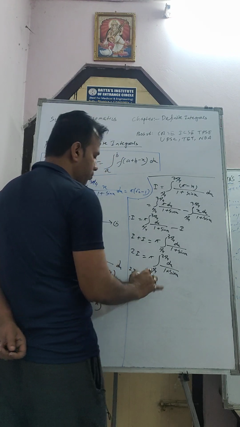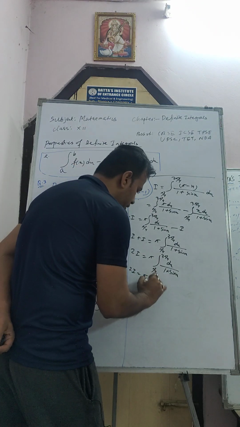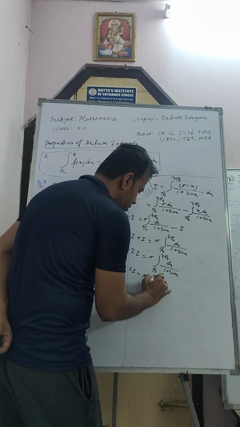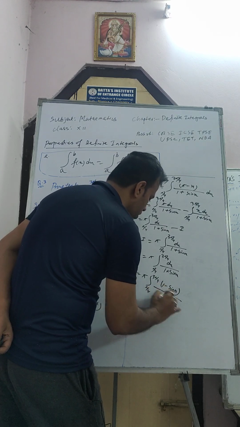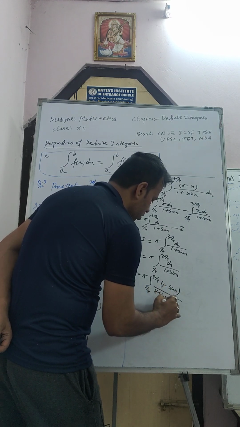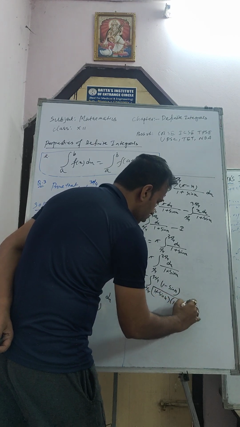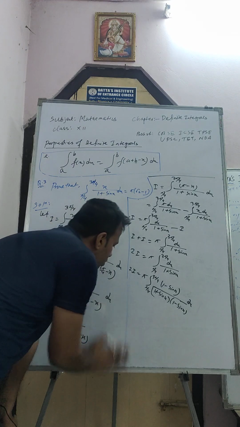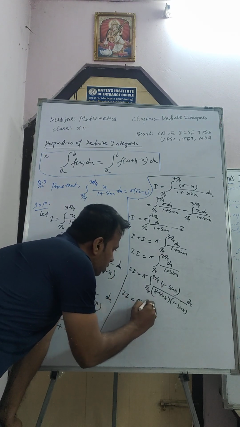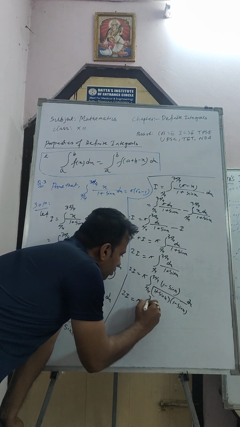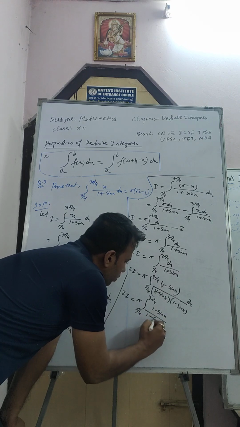So here I am doing rationalization. So pi by 4 to 3 pi by 4, 1 minus sin x by 1 plus sin x into 1 minus sin x, and dx. So here 2I equal to pi into the integral from pi by 4 to 3 pi by 4 of 1 minus sin x over 1 minus sin square x.